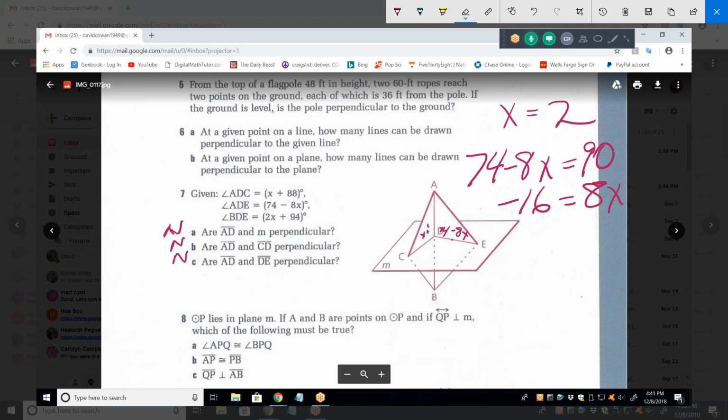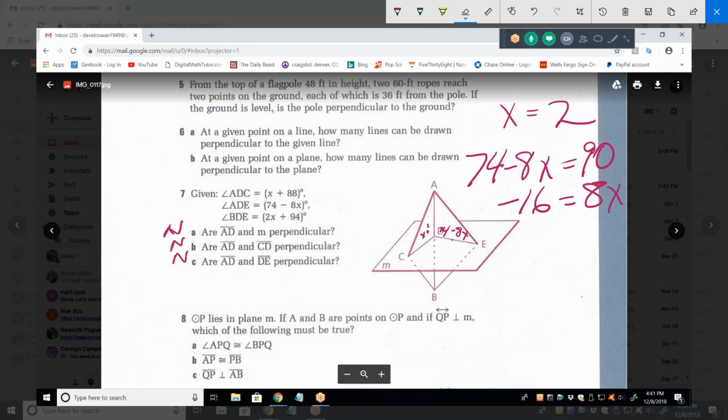But I think A and B are no. The thing is that shape underneath the plane M, we don't really know much about it. It's not necessarily the same shape as the shape above the plane.